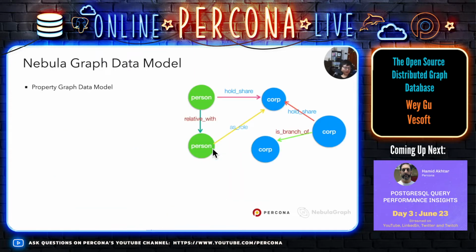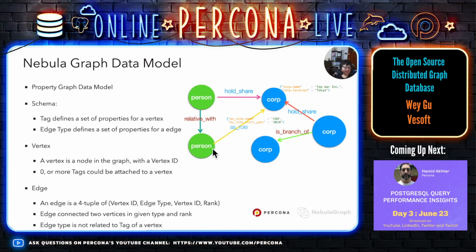So let's dive in a little bit. Before we dive into the storage and the query engine, I want to give you a brief introduction of our data model. Remember, we are talking about a graph database. It models the data as a property graph. So what is a property graph? As I mentioned, it's actually just keys and values attached to the vertex or node and the relationship or edge.